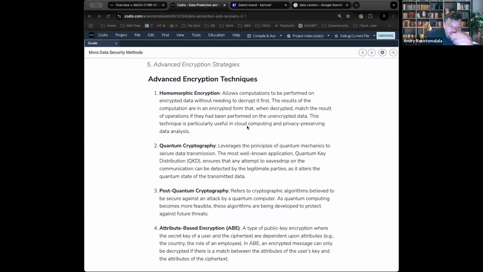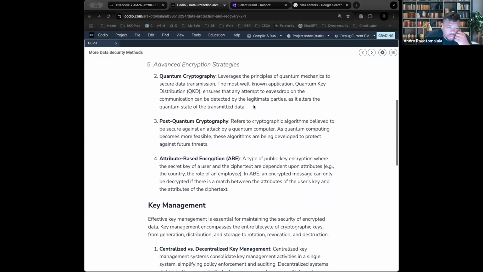So it's a very advanced encryption process where they are encrypted, and then when they get decrypted, they get matched accordingly, okay? So the entire idea is homomorphic, right? It's done in cloud platforms and is very privacy driven, but they match the result according to the data that it stores.